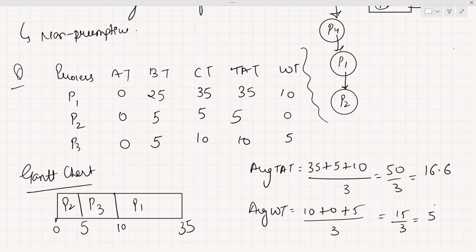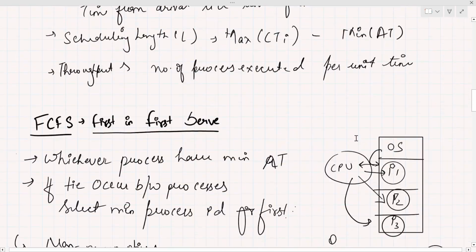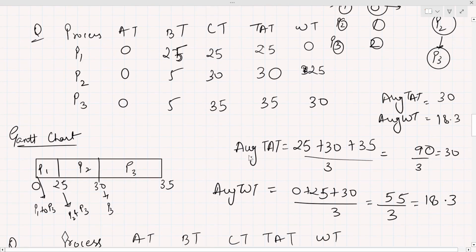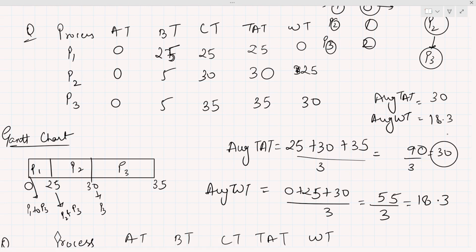Okay, so when we solve this question with SJF, the average turnaround time is 16.6 and the average waiting time is 5. Now when we solve this same question with the FCFS scheduling algorithm, what is the average turnaround time? The average turnaround time is 30. So here you can see how much drop in average turnaround time is seen with the SJF scheduling algorithm.